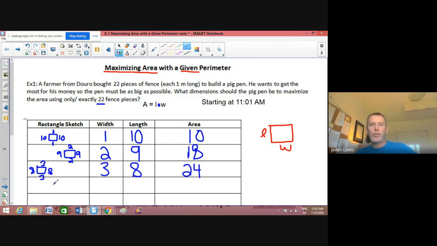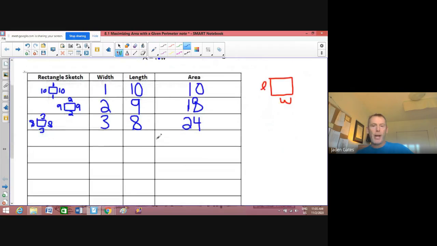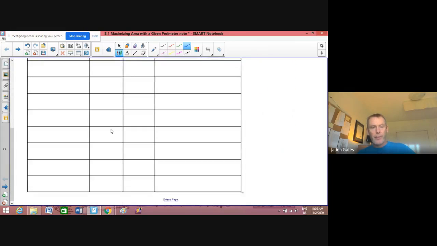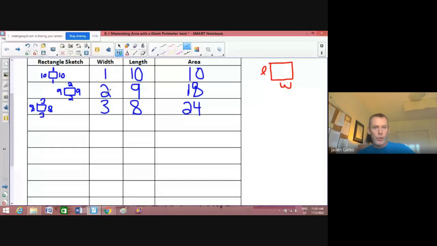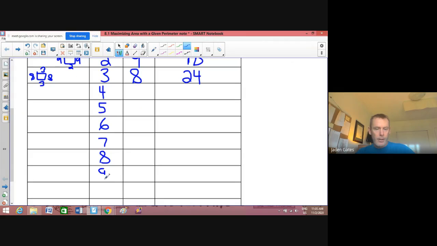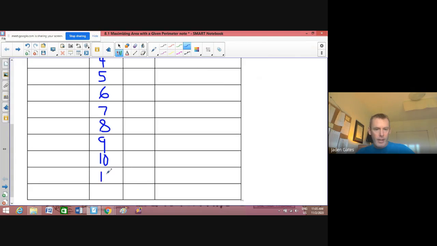Now, I am not going to draw another diagram here because I have established a pattern. And so I'm going to follow this pattern to fill out the rest of my table, where I have widths 1, 2, 3, 4, 5, 6, 7, 8, 9, 10, 11, and 12.